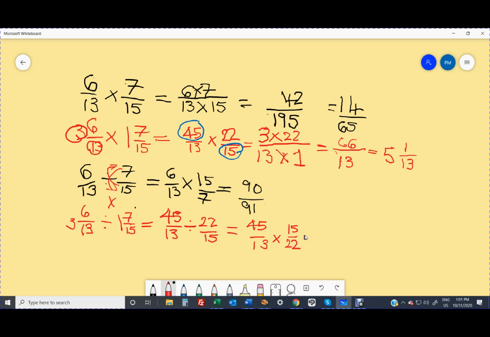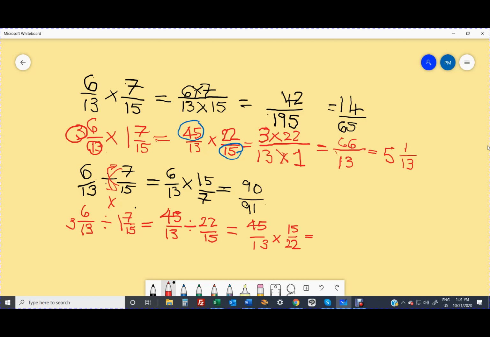Now that is a lot easier than the previous equation. 45 divided by 13 times 15 divided by 22. We can cope with that. It's not easy, but we can cope with it. So let us work out between the two of us what we're going to do here. So it's 45 times 15.